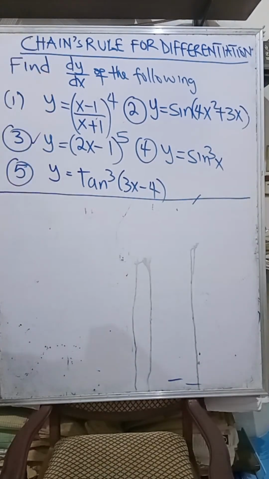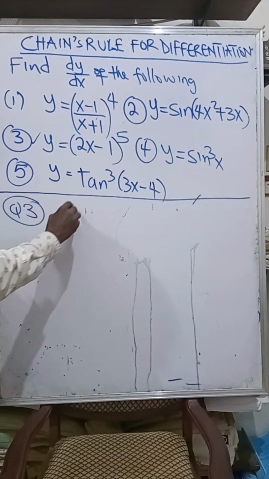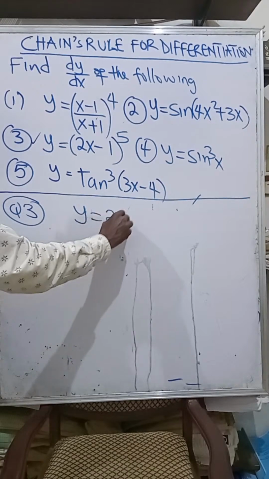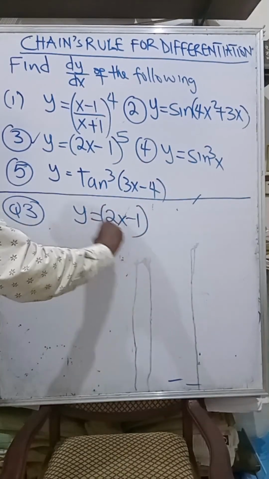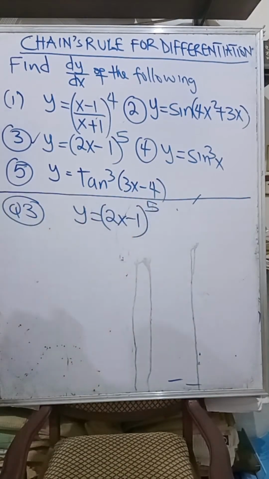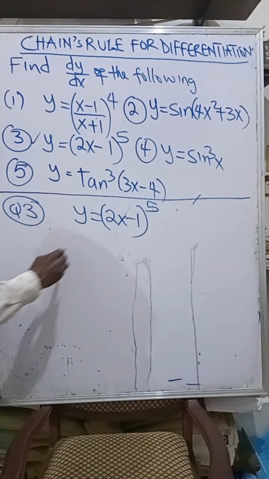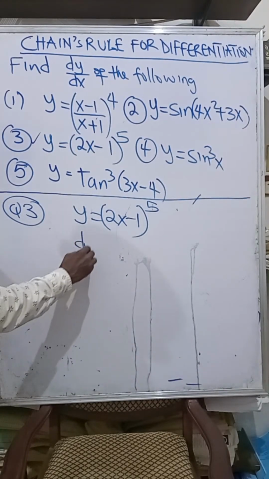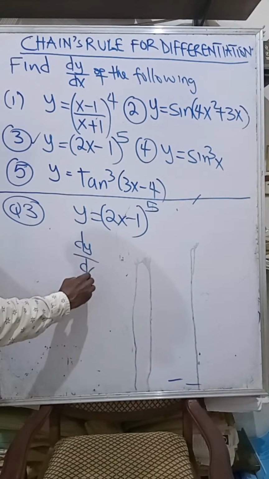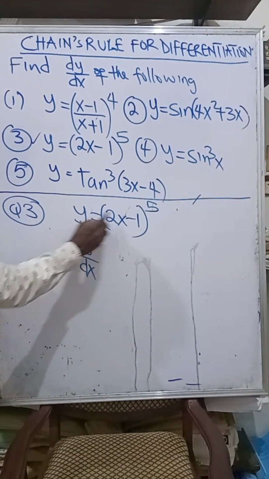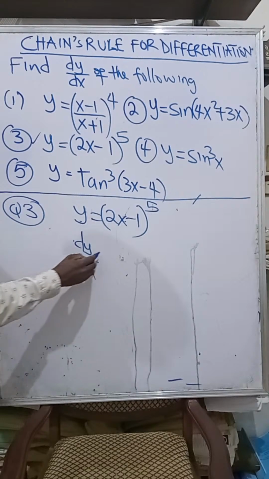Let's start from number 3. Question 3: we have y equal to 2x minus 1 to the power 5. The faster way to solve this question: your y is a function of x, so your dy/dx will be equal to what?